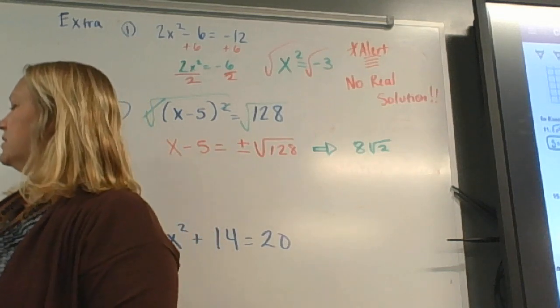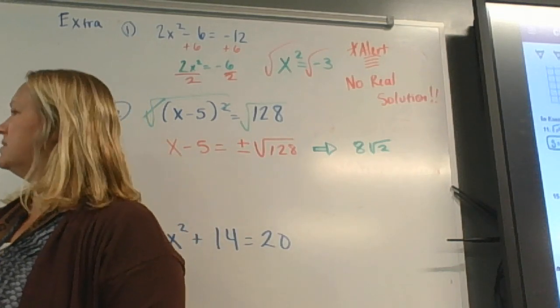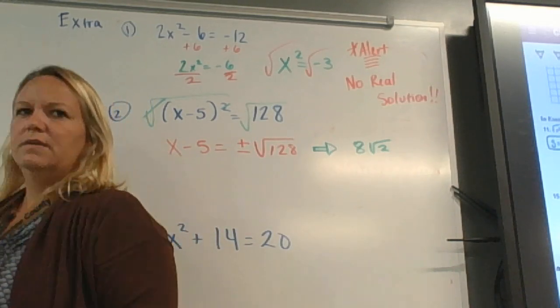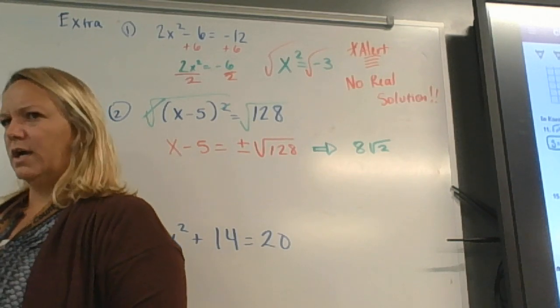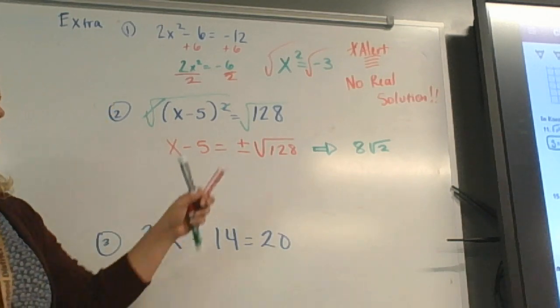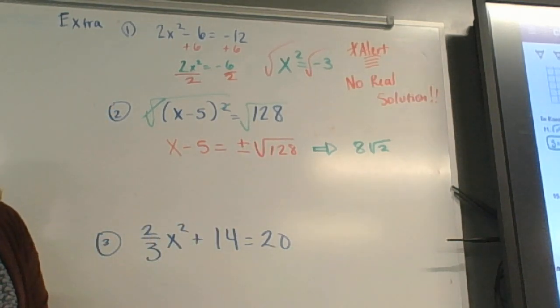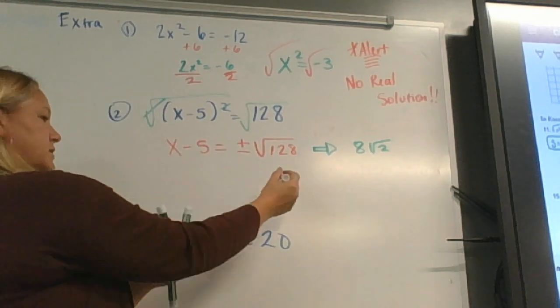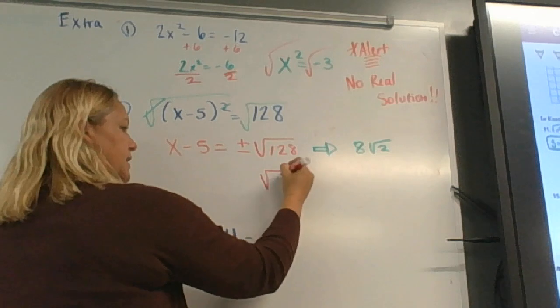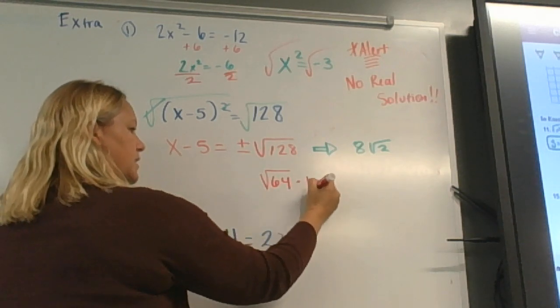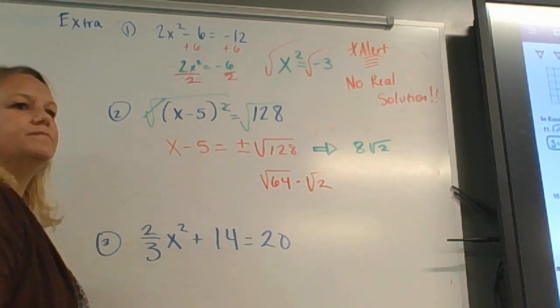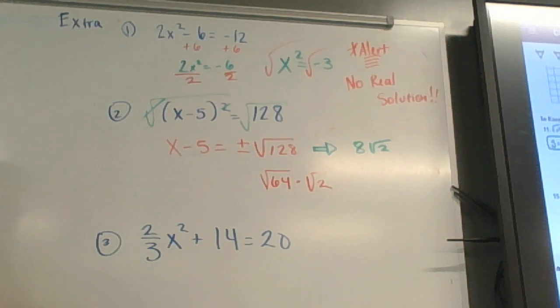So I'm going to look at these numbers. Which one of these square roots to be 8? 64. So I'm going to go, wait, does 128 divide by 64? Oh, that's how the calculator did it. The calculator rewrote 128 as 64 times 2. It's a very smart calculator.